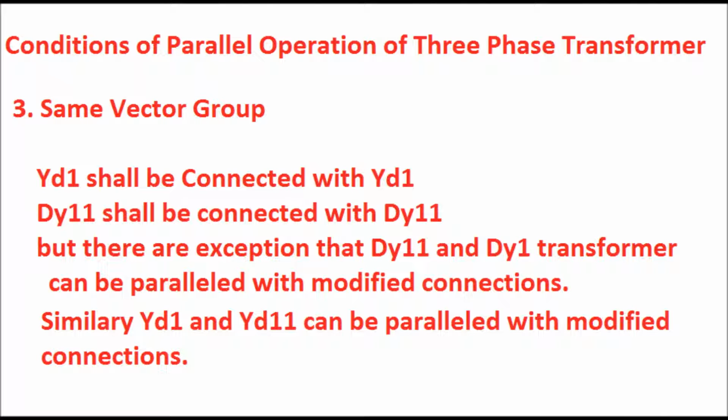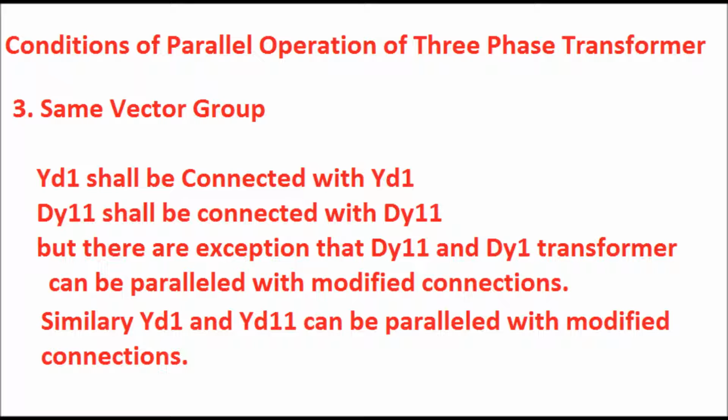Number three is that the vector group of all the transformers shall be the same. For example, we have one YD1 transformer. Then if we want to connect this transformer with another transformer in parallel, the other transformer's vector group shall be YD1. Again, if the vector group of the installed transformer is DY11, then the other transformer connected in parallel with the existing transformer must also be of vector group DY11.